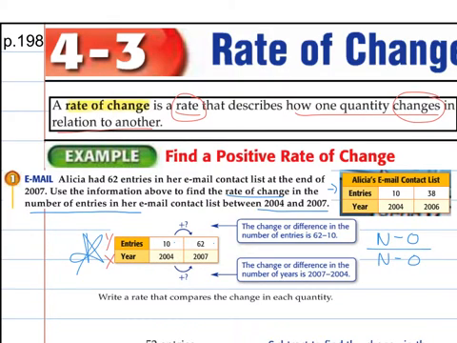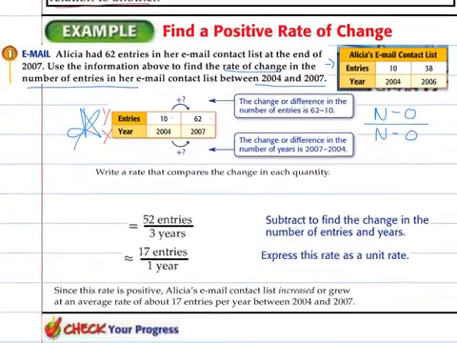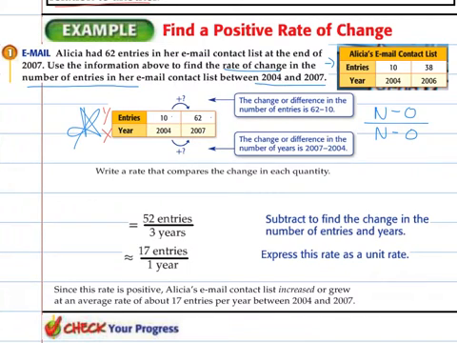So I go from the newest to the oldest to find that. So what we do is we take 2007 minus 2004, and then 62 minus 10 over that. It's really written like this: 62 minus 10 over 2007 minus 2004. When I subtract, I end up with 52 entries in 3 years.